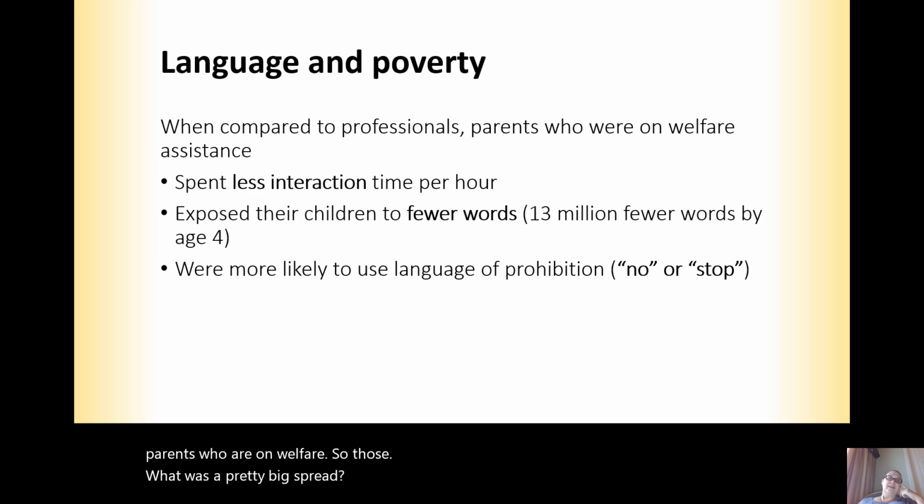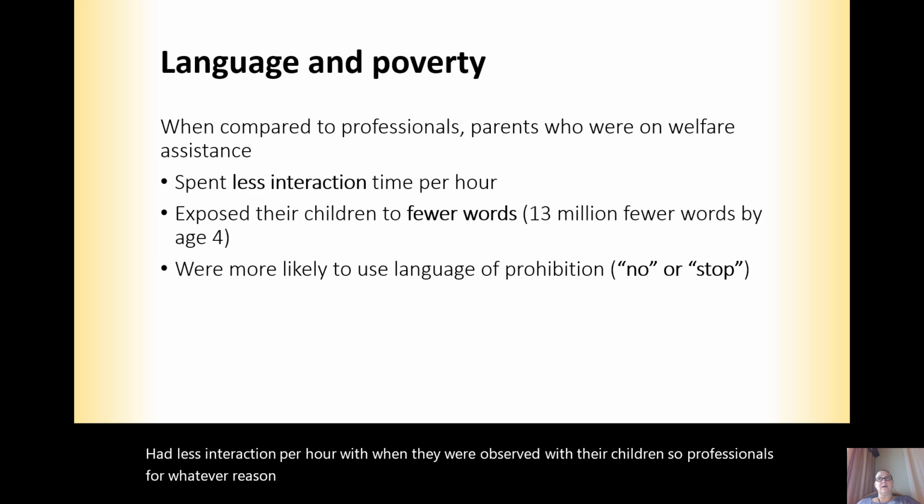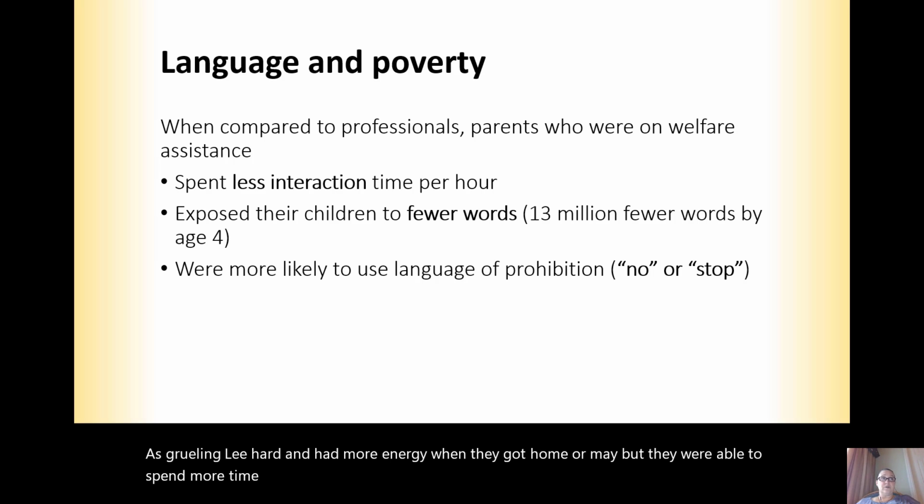And what they found is that those on welfare had less interaction per hour with their children when they were observed. So professionals, for whatever reason, maybe they didn't have to work as gruelingly hard and had more energy when they got home, were able to spend more time interacting with their children per hour.